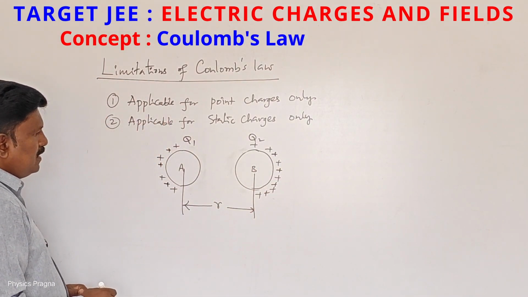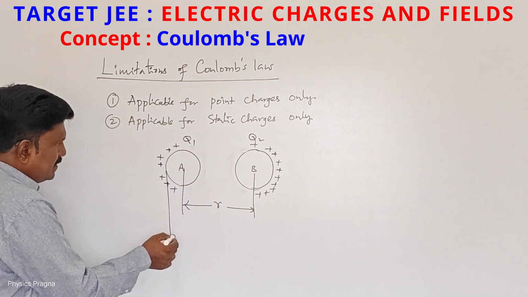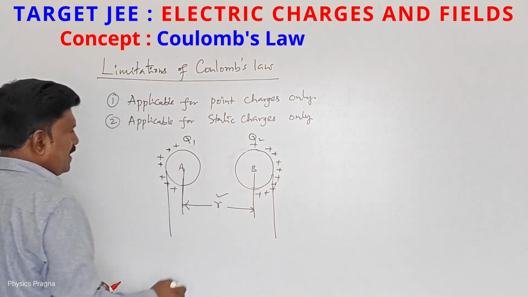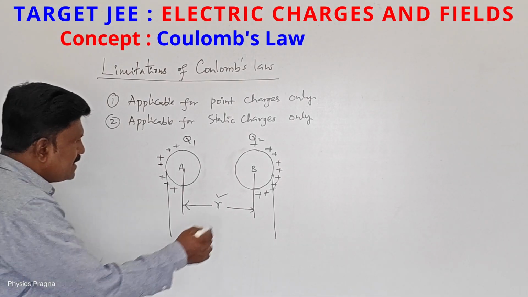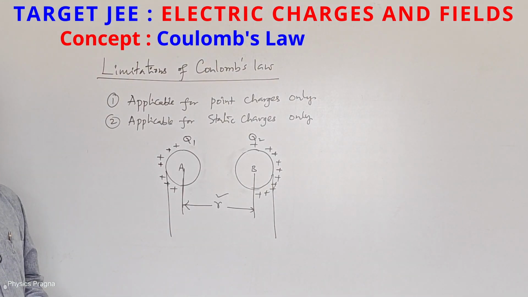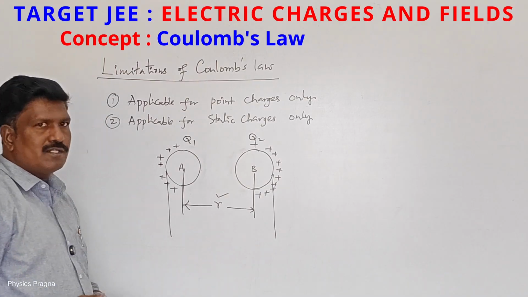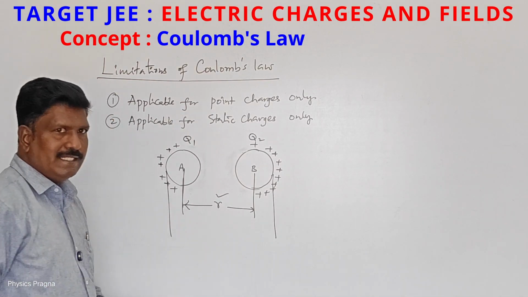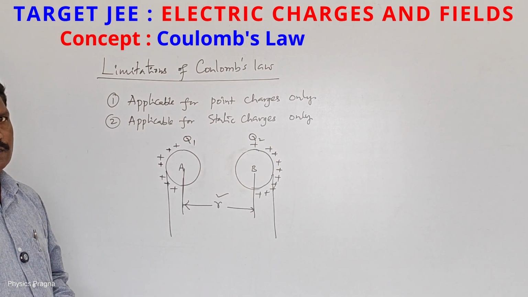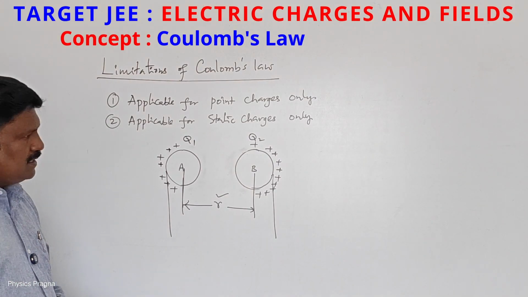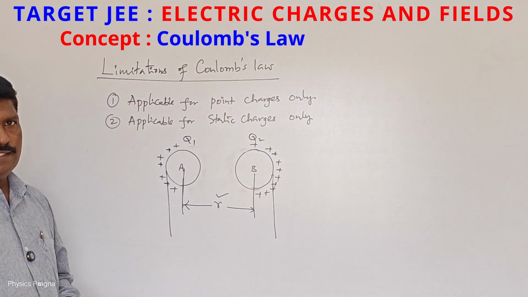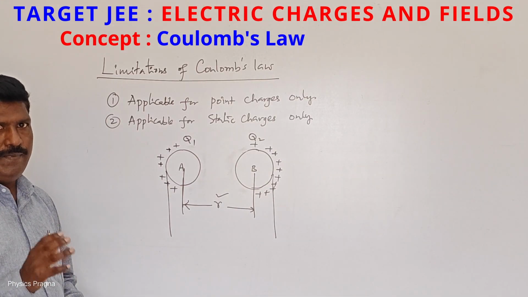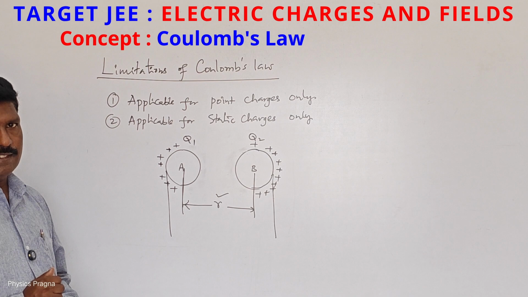So charges are actually here, but we are taking the distance up to this one. Also, the quantity of charge here and here we cannot calculate perfectly. So as distance changes, the Coulombian force magnitude also changes. That's why we cannot apply Coulomb's law for bigger bodies, big sized charged bodies.